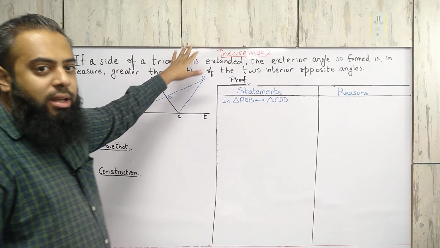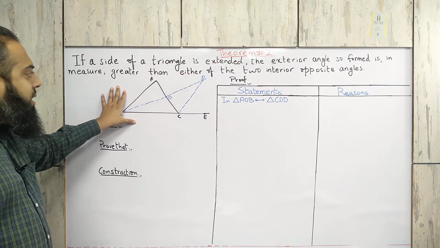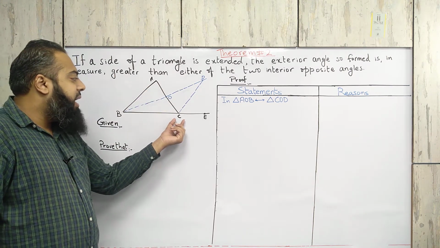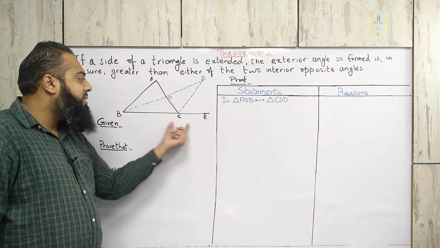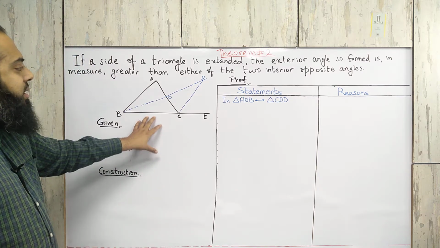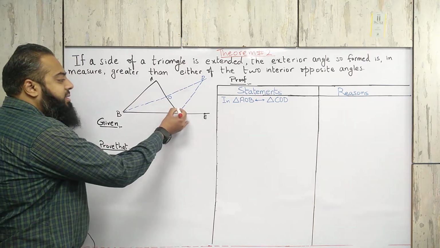Now to understand the objective, we have a figure. We have a triangle ABC and we have extended its side BC to the point E. Because if we extend it, we will get an exterior angle.